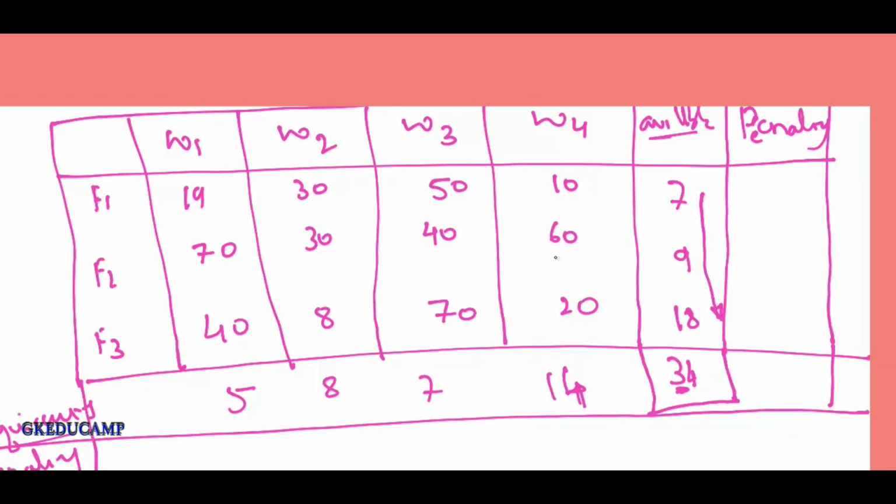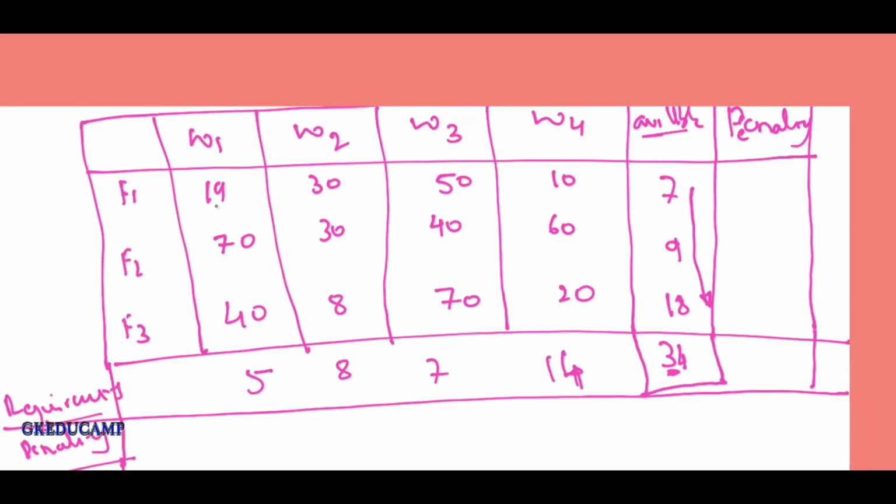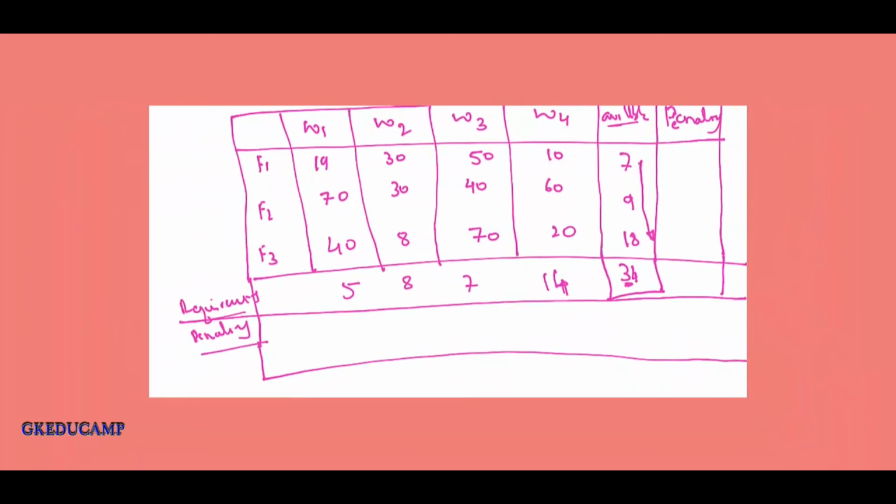When solving Vogel's approximation method, or unit cost penalty method, we have to find the penalties first, both row-wise and column-wise. We find the penalty for each row and column by taking the two minimum values and subtracting them. In the first row, 10 is the minimum and the other is 19, so 19 minus 10 gives a penalty of 9.